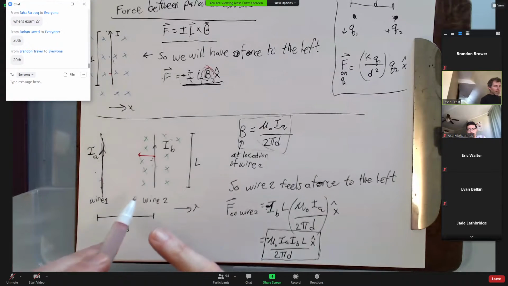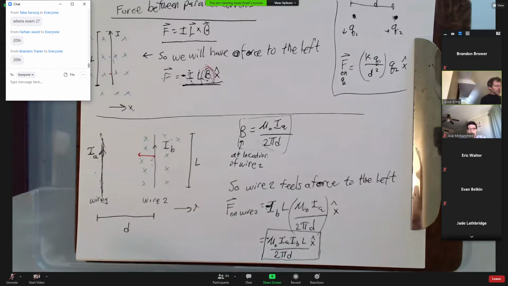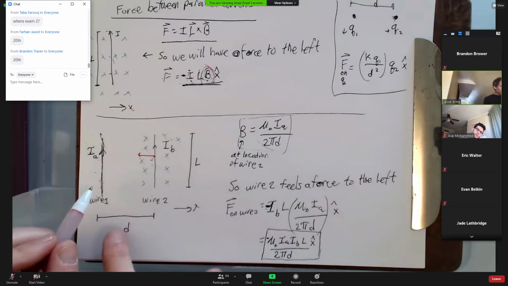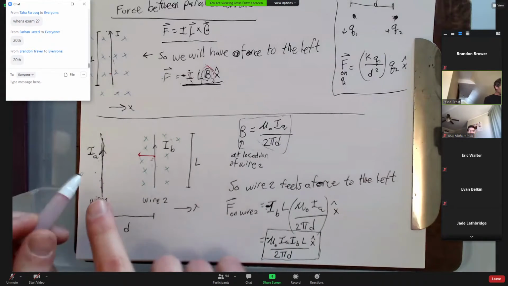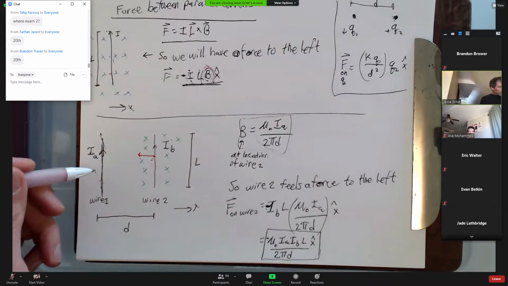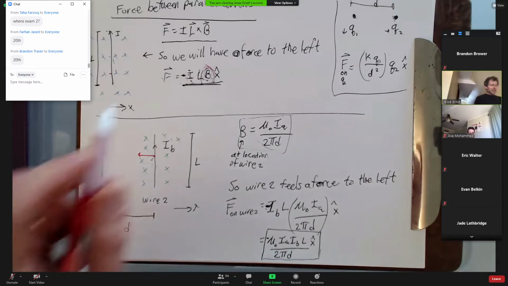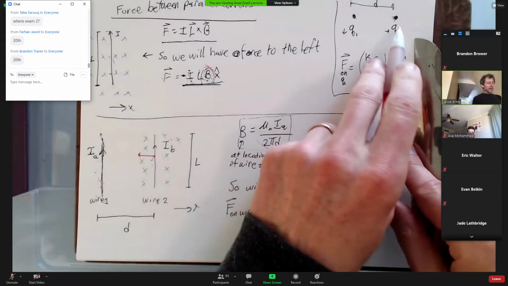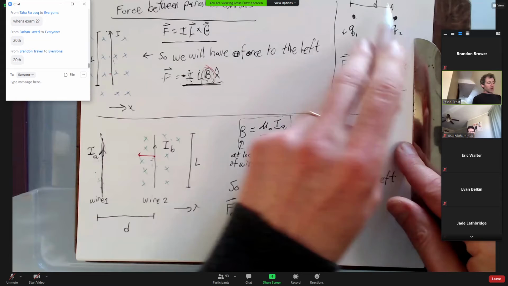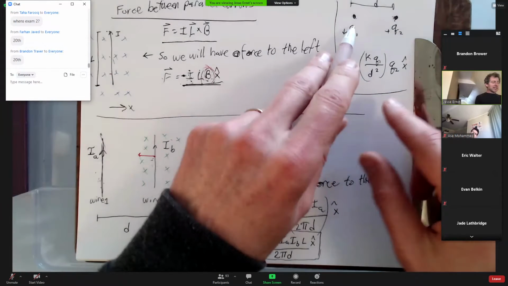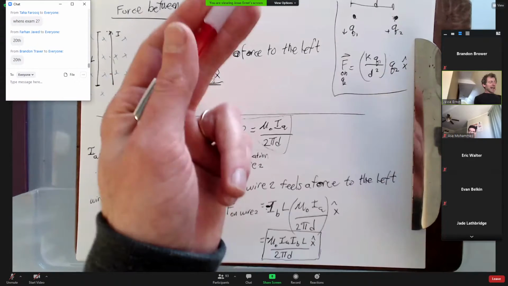So, okay, other questions so far? Okay, we're not going to redo this the whole way, but I want to practice directions, and to get practice yourself, you should try this one. Find the force on this wire from this one. This is the same as what we just found for the force. If you find the force on Q2 from Q1, you'll get this. If you then find the force on this from that, you'll get exactly the same thing.